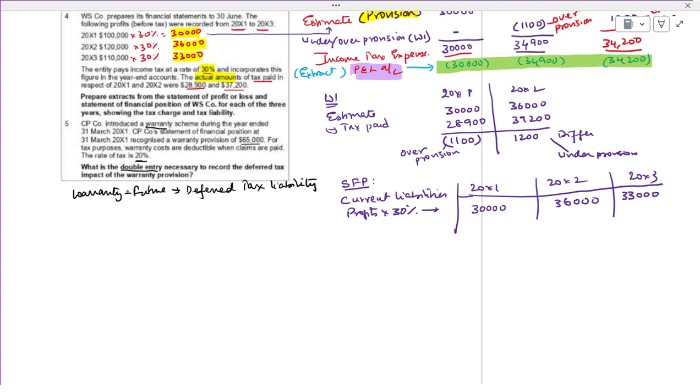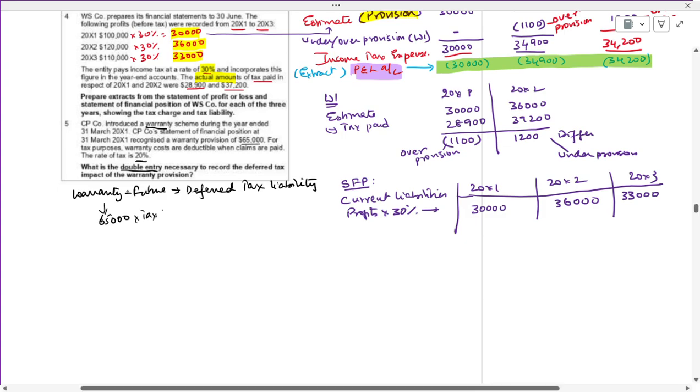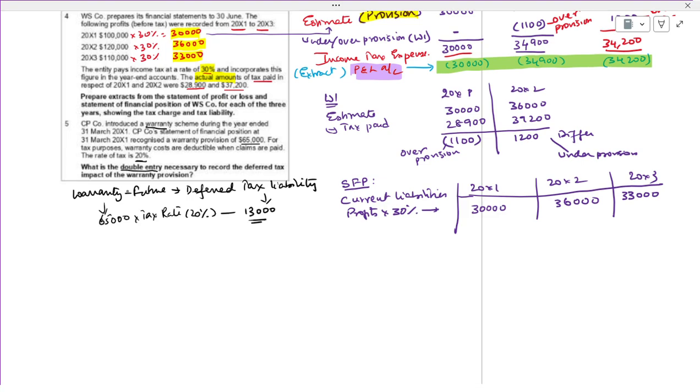How much is the warranty? Warranty is 65,000. What is the tax rate? 20%. Deferred tax liability will be 13,000. Are you okay with this? Yes. Now, what they are saying is that for tax, warranty costs are deductible when claims are paid.